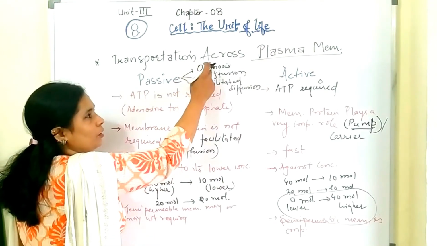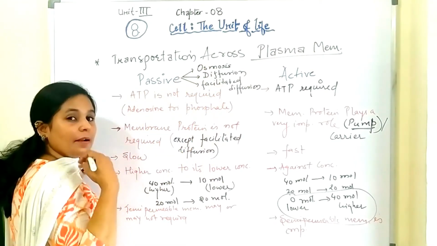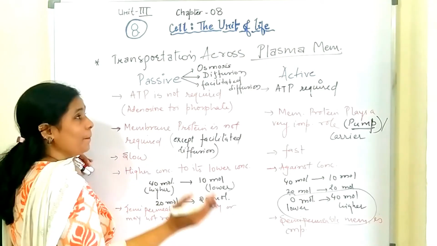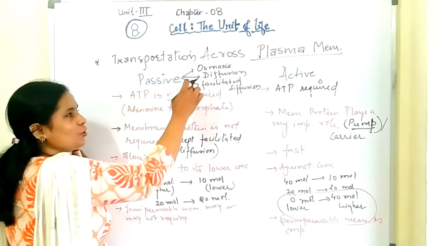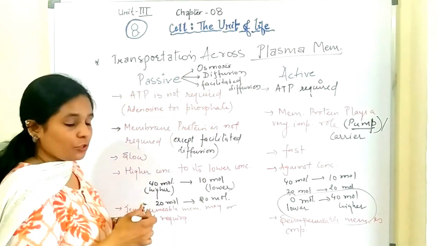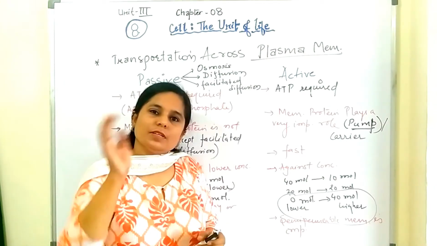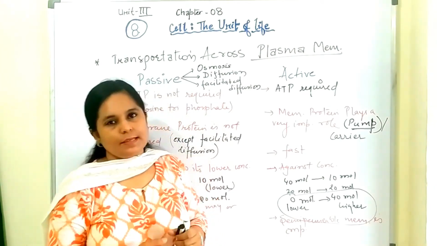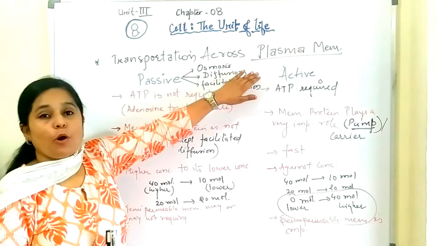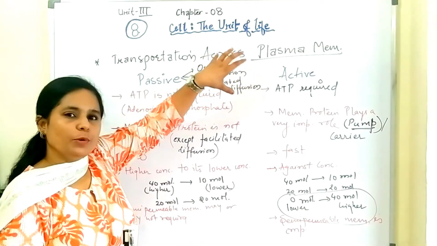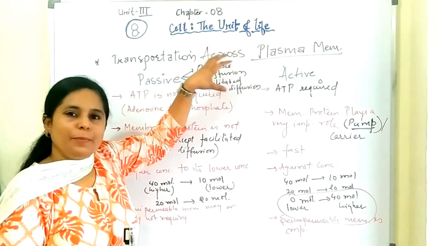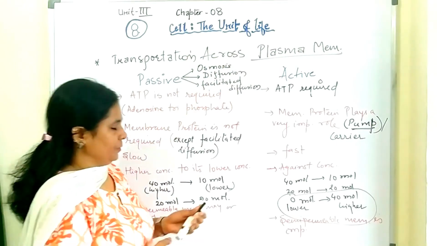We are going to learn about each one in our next videos, plus the application of each one, because you should know why osmosis, diffusion and facilitated diffusion are important for the cell, what they are doing, and what important role they play in transportation.